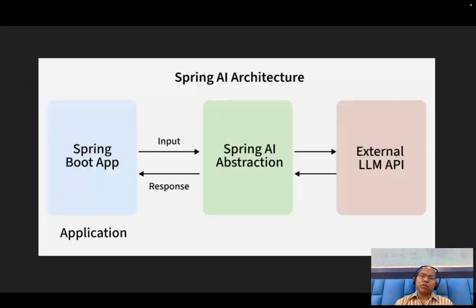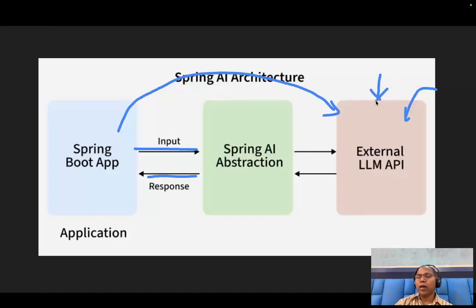Let's look at the architecture of Spring AI. This is a very simple and very effective architecture. Let's say this is your application. It sends a request and gets a response. But notice your application is not directly talking to any Gen AI LLM, because Gen AI LLMs are stateless.